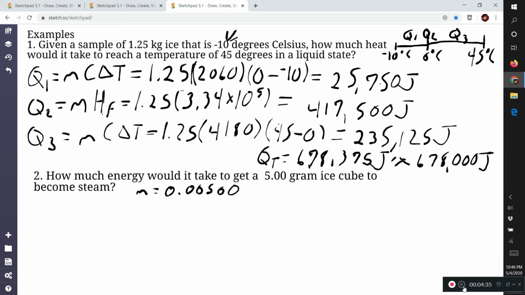So let's assume here that we're starting with a 0 degrees Celsius ice cube. We're going to become water, and then we're going to become steam at 100 degrees Celsius. So we're going to actually have to do 3 calculations again.